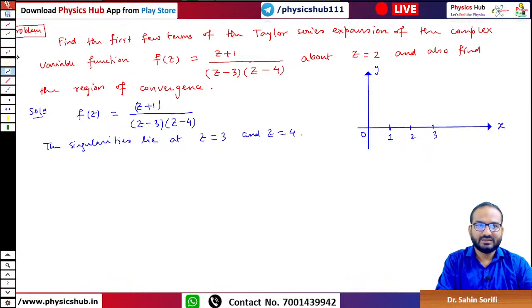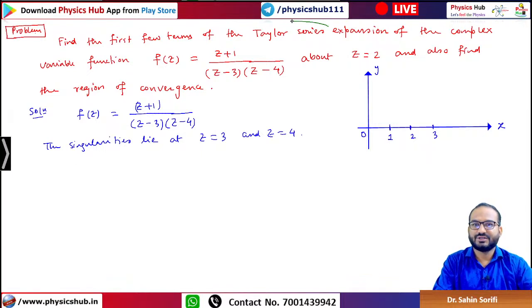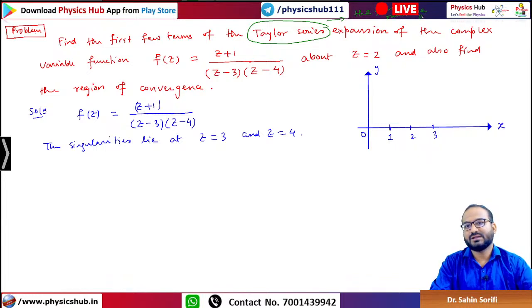You know one thing, that for the Taylor series expansion, the function must be analytic, na? This is the required criteria, and the singularity points are the points where the function ceases to be analytic. The function is not analytic at those points.